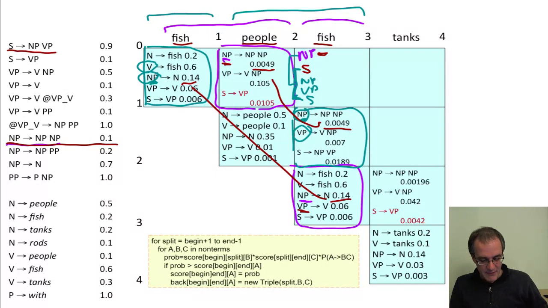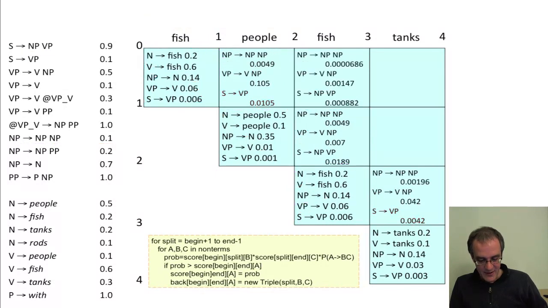Okay, so that then fills in that cell and we get these numbers. And then at that point, we would again apply unary rules. So the only unary rule that's active at this level is this one, because the other 2 unary rules only work on N and V, and so aren't applicable in a cell like this in this little grammar.